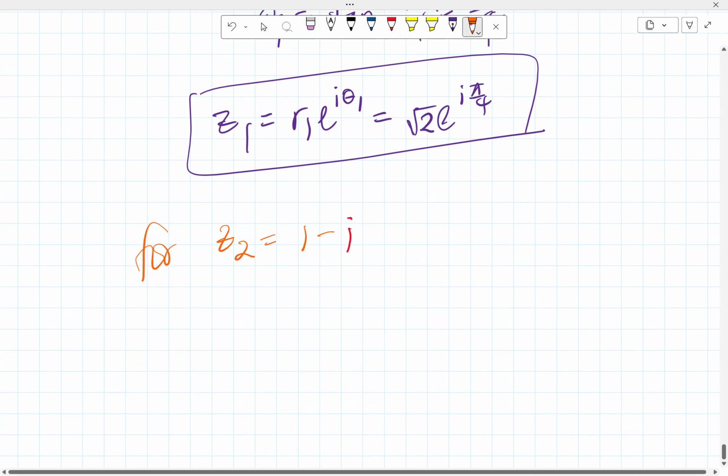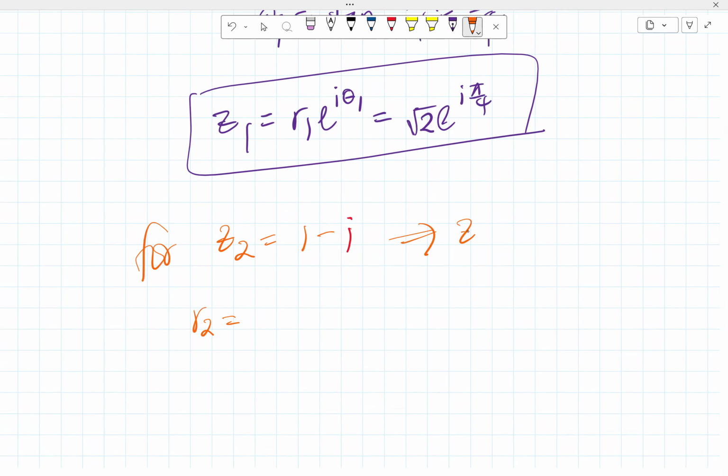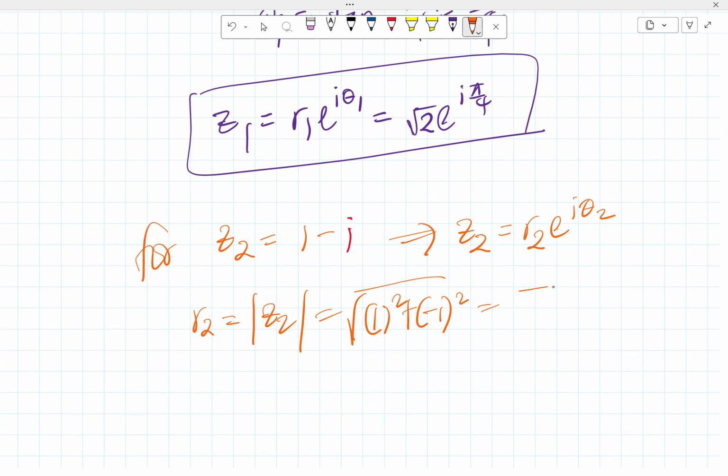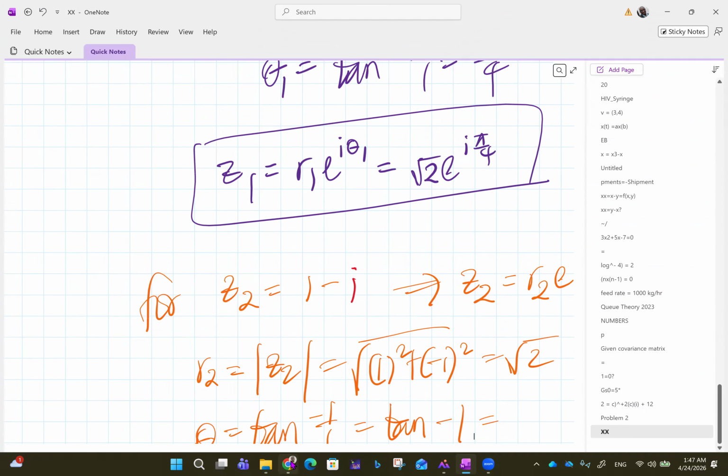So again, we need to write z2 as r2 e raised to the power i theta 2. R2 is the magnitude of z2, which is the square root of 1 squared plus minus 1 squared, that is square root of 2. And then theta is arctan of minus 1 over 1, so that is arctan of minus 1, and that should be minus pi over 4, I believe.